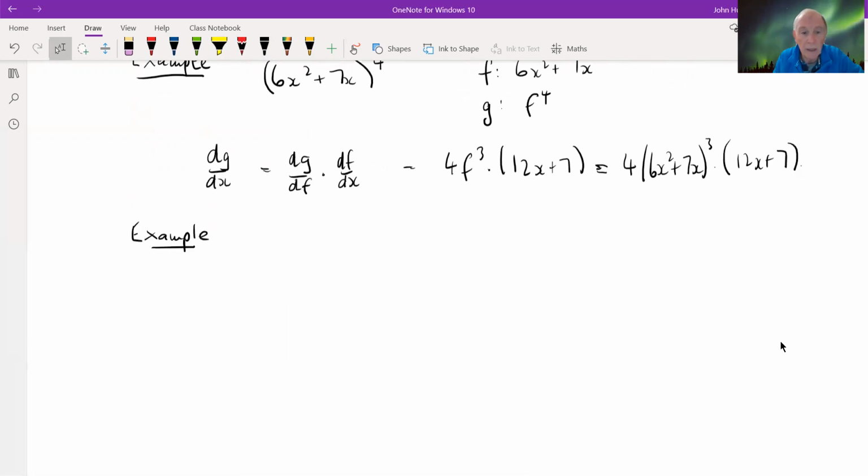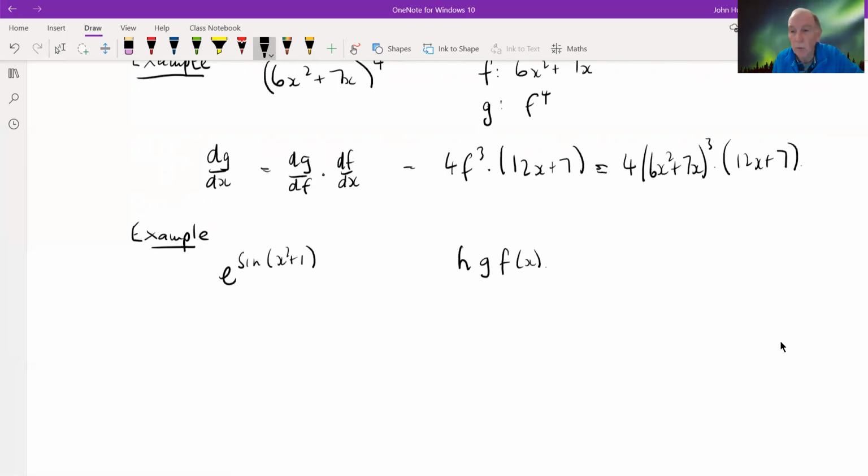Sometimes we get a little bit more complicated than that. We could get something like e to the power of sine of (x squared plus 1). Right. So now what we've actually got is a three level composite function. So we're actually talking about h of g of f of x.